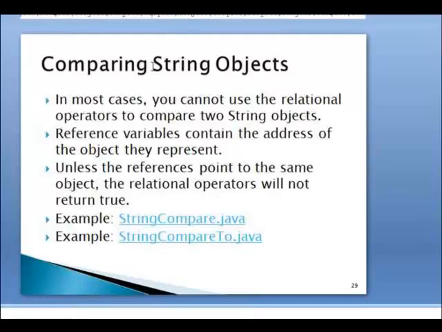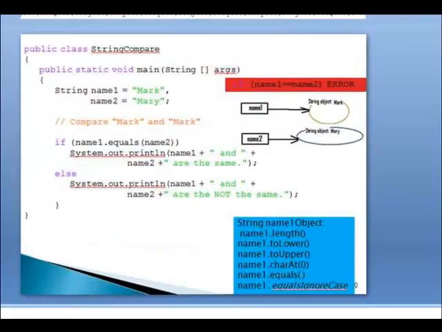So we had this scenario, but when we come to a string, it is no longer a primitive data type. A string is an object, and when it is an object, let's look at this example so I can explain it better.